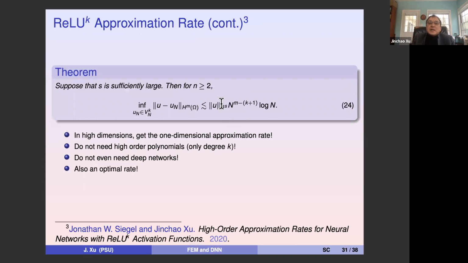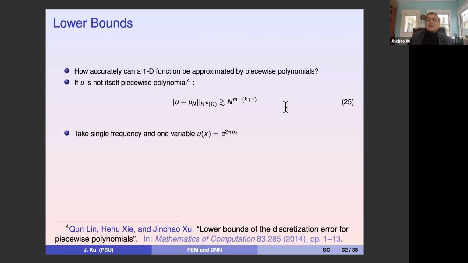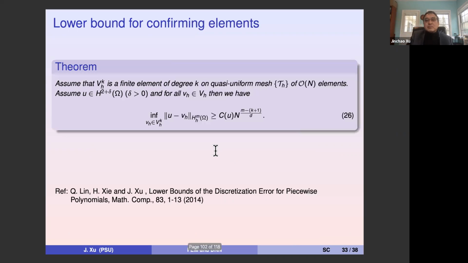This is my piecewise polynomial of degree k. You have this result, okay? This is my neural network. And we can also prove its lower bound, okay? With the logarithm, to prove the lower bound, we actually have to use the results I just explained.